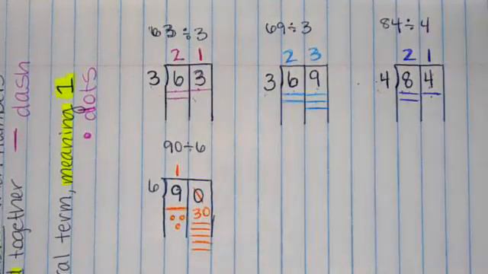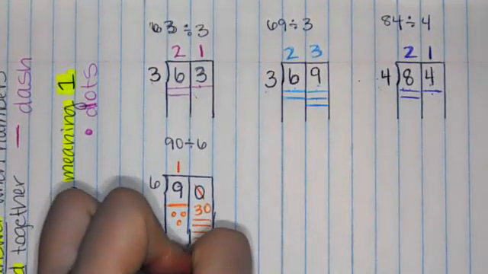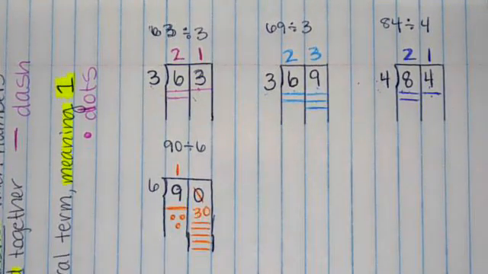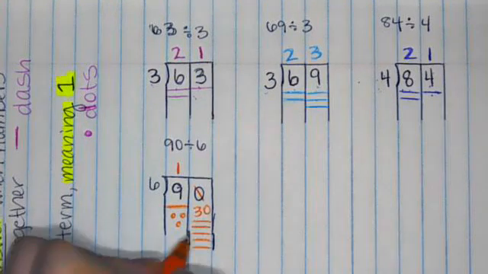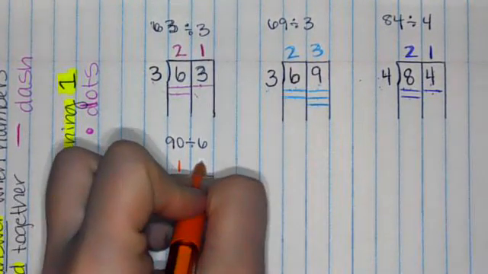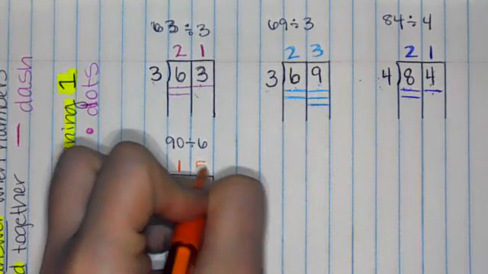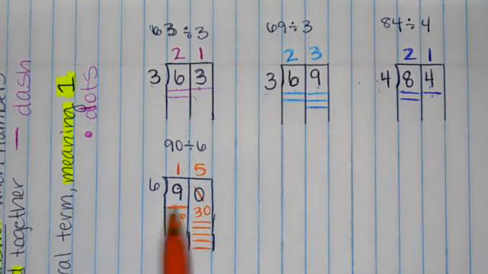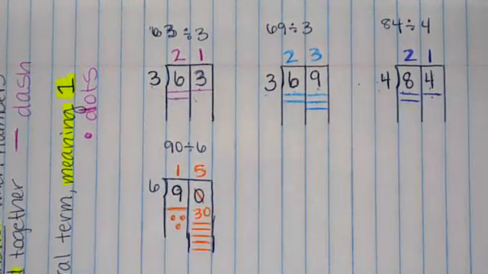So now I have gotten as close to 30 as I can without going over, and that took me exactly to 30. I have 1, 2, 3, 4, 5 dashes. So I put 5 in the quotient. So 90 divided by 6 is 15.